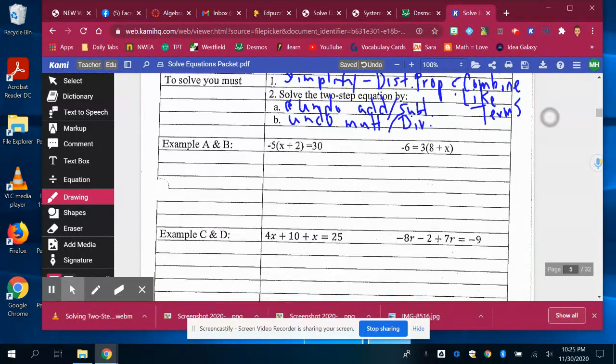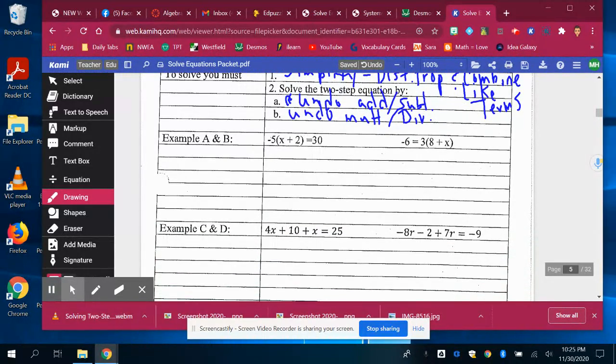We have this example here, example A. I'm going to draw my line on the equal sign. And I notice for step 1, I have to simplify this -5 in parentheses x plus 2. Notice this -5 is outside these parentheses, which means you have to distribute.